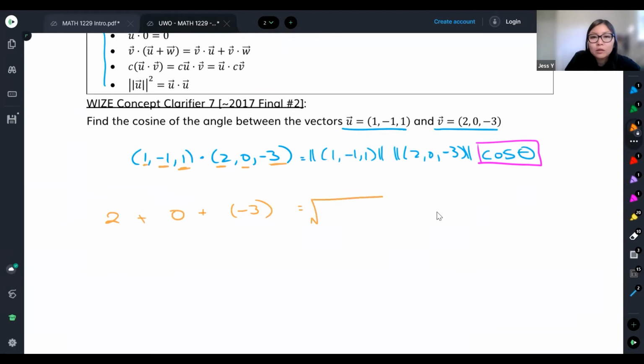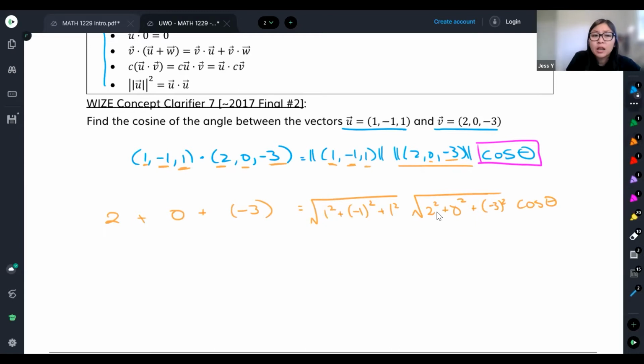We have the square root of 1 squared plus -1 squared plus 1 squared. And then the length for 2, 0, -3, same thing. Square root of 2 squared plus 0 squared plus -3 squared, right? And then of course, cos theta. Don't break it up, just leave it as cos theta.